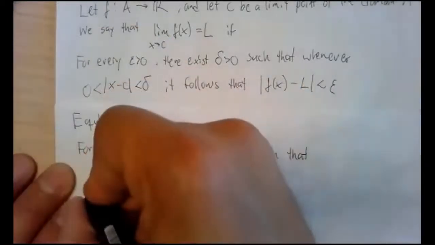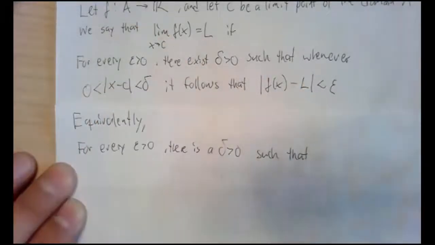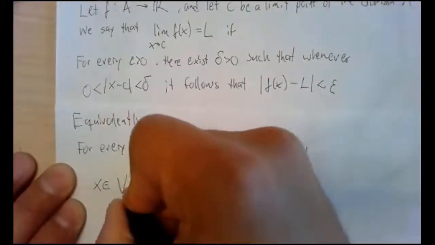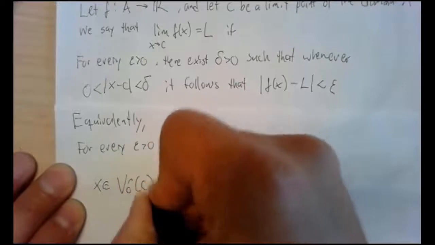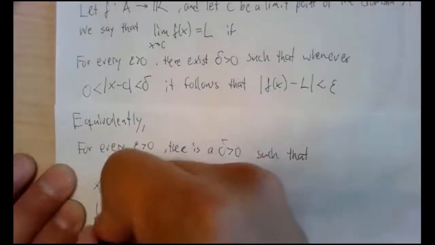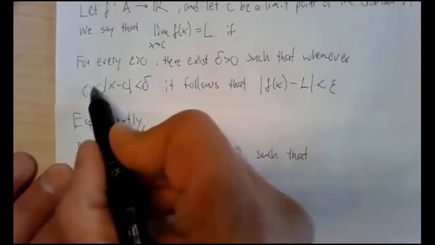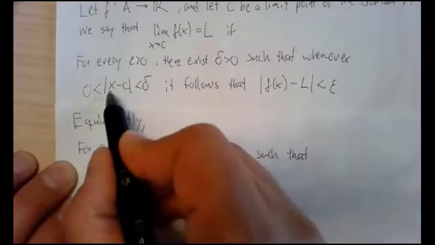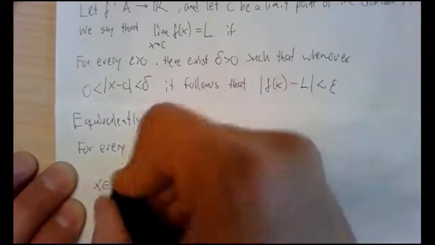So if x belongs to the delta neighborhood around c, and x is not equal to c, right? That's this 0 less than over here. This 0 less than over here prevents x from being equal to c. That's the only thing it does.